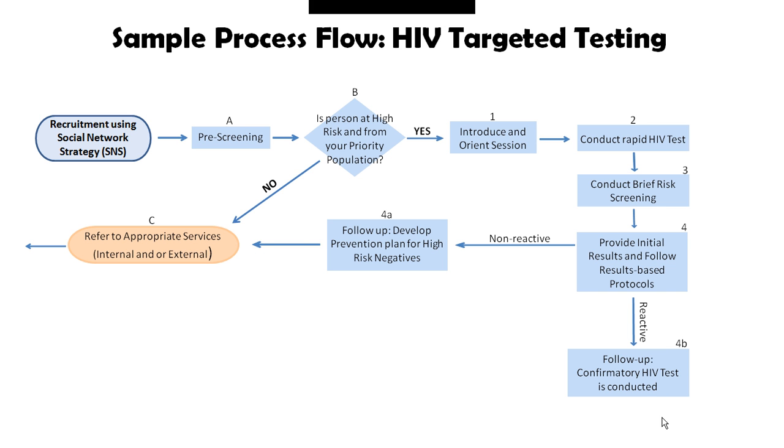If that test result comes back and it's reactive, we're going to follow up with a confirmatory test, which is 4B, the process of 4B. We're also going to report those results to city and state, depending on who you're funded from, or federal, depending on who you're funded from.